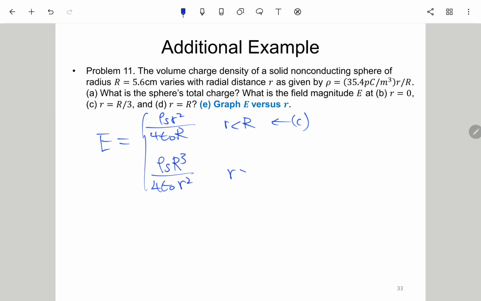This is true when R is greater than or equal to capital R. This is what we know from question D.